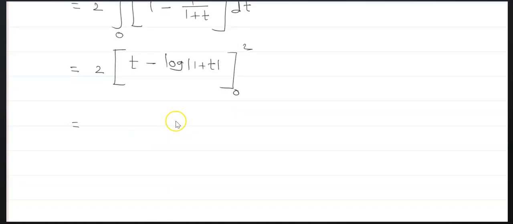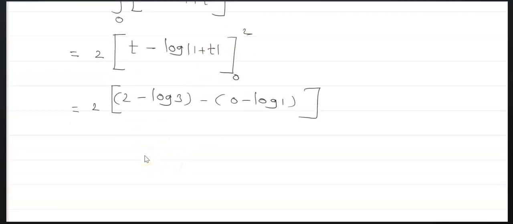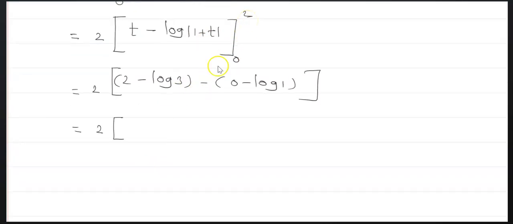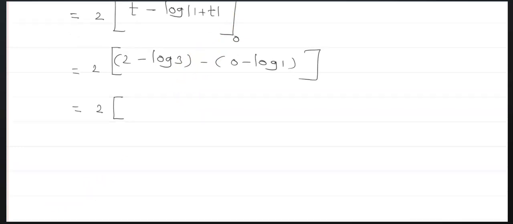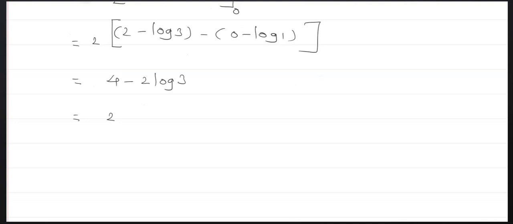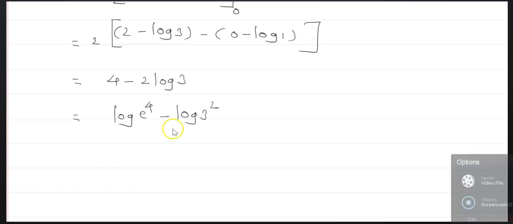That is t minus log of mod of 1 plus t, from 0 to 2. Substitute the upper limit and the lower limit. Then you will get 4 minus 2 log of 3. This 4 can be written as log of e raised to 4, to the base e.